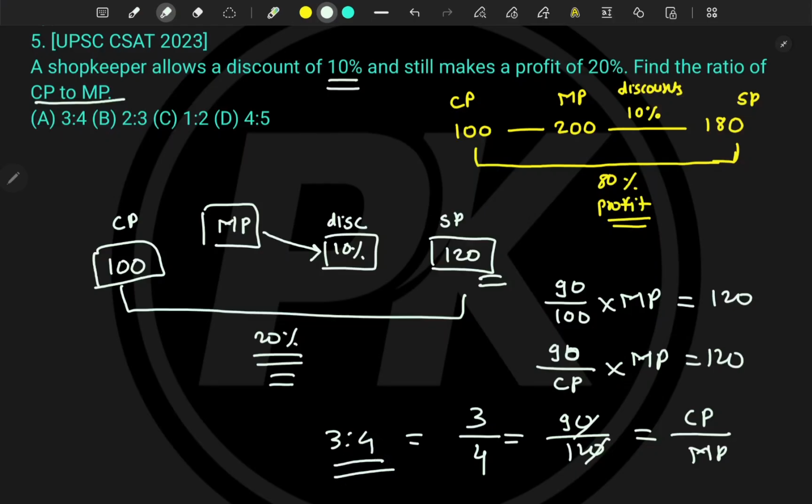Now which is the option 3 is to 4? It is option number A, and hence option number A is correct. Hope you have understood this problem. Very simple problem, because at the start we have seen the logic. Now with that logic only we have solved the problem. Now let's move to the next problem.